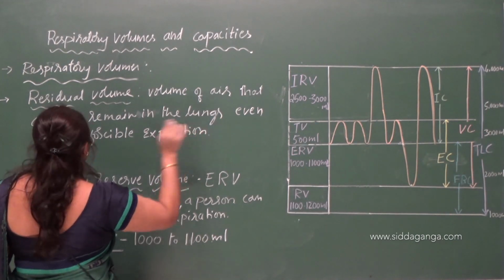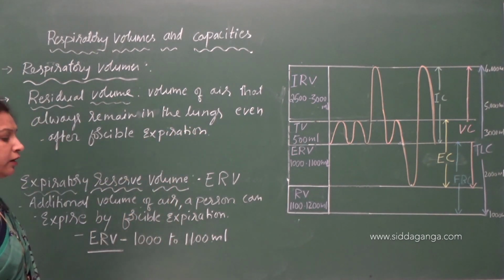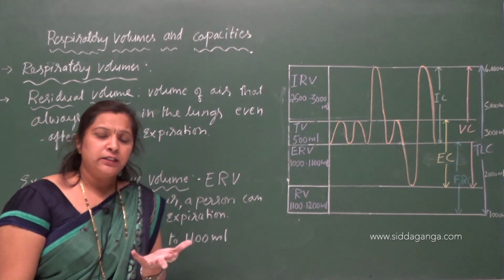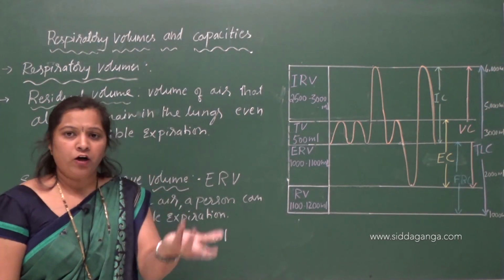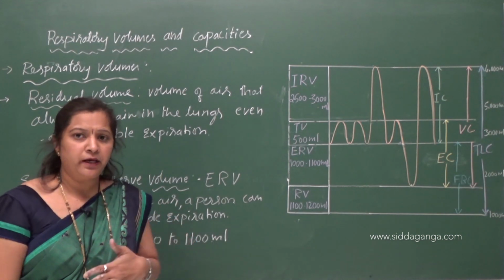So this is called what? Residual volume. After forcible expiration, the entire air will not come out. Some volume of air will always remain inside.